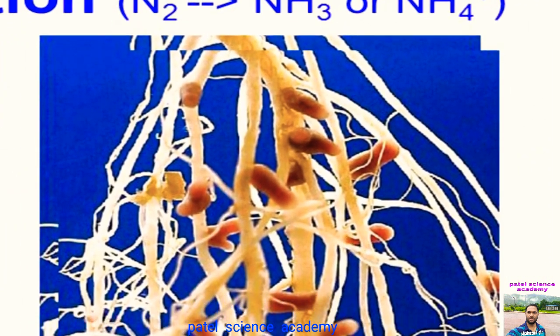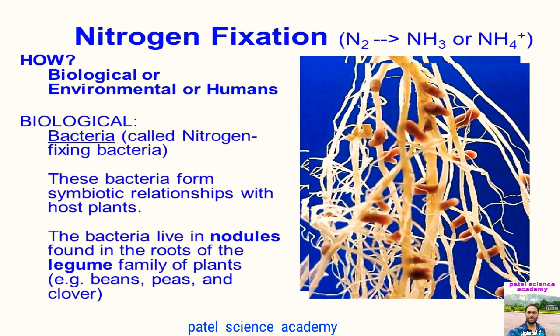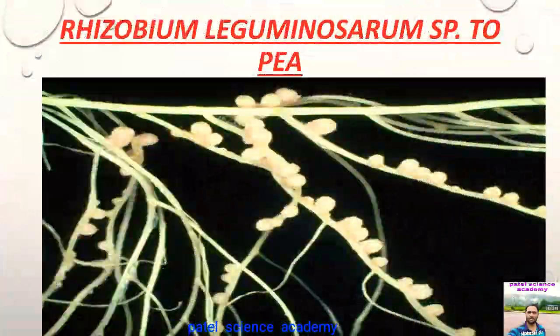So you can observe the root nodules in the roots of these leguminous plants, and the bacteria reside there and convert the atmospheric nitrogen into ammonia, and likewise they provide nitrogen to the plant's roots, and from the plant's roots it goes in the upward direction.